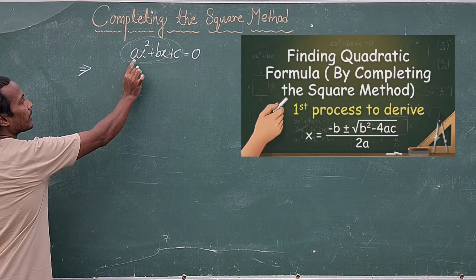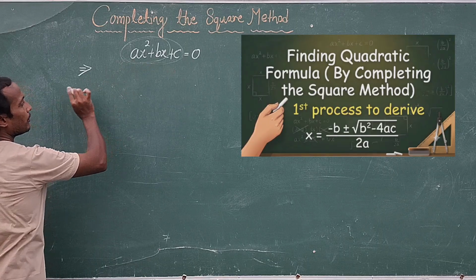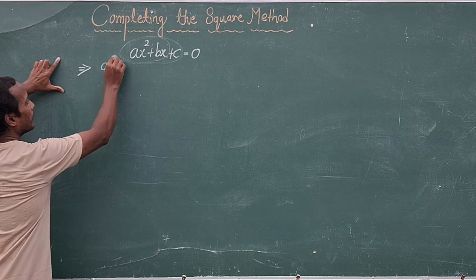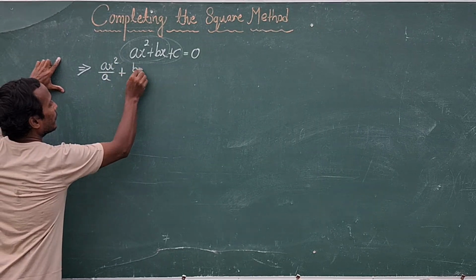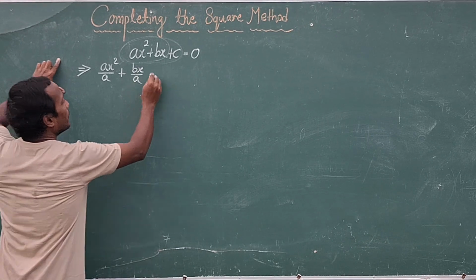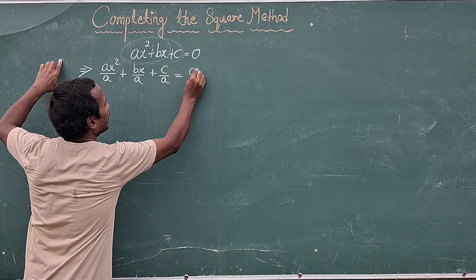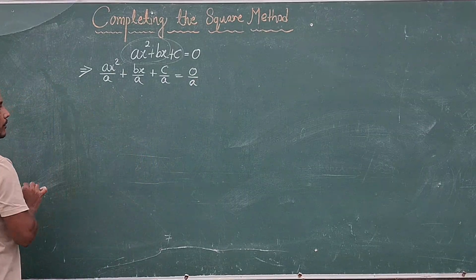What I will do, I will divide both the left hand side and right hand side of the equation by a. That is our first step. So I divide ax square by a plus bx by a plus c by a equals 0 by a. Both left hand side and right hand side are divided by a.